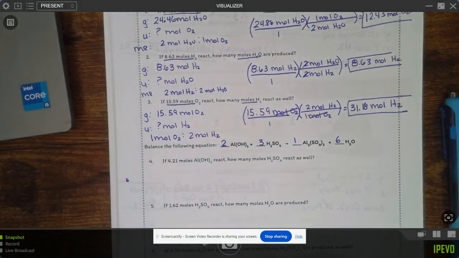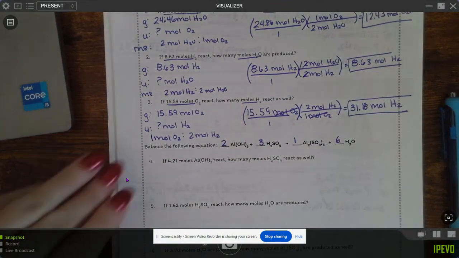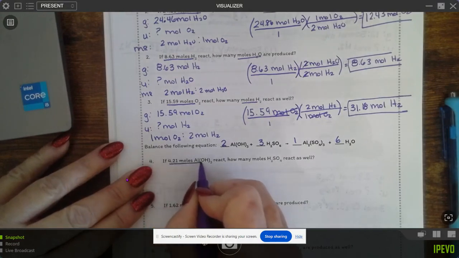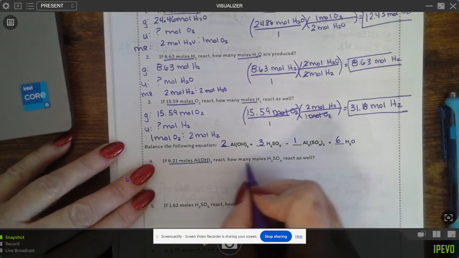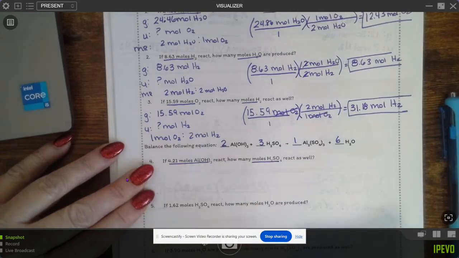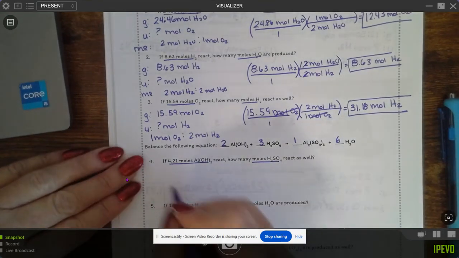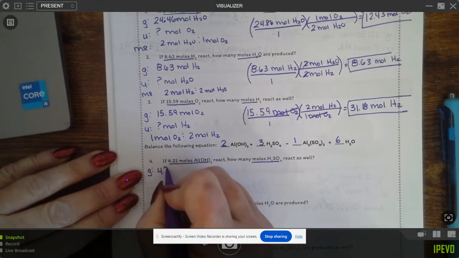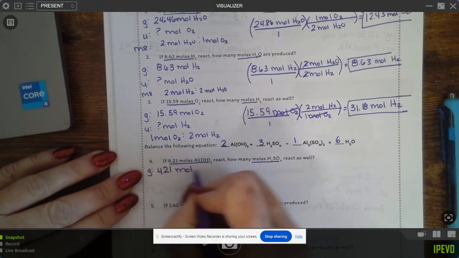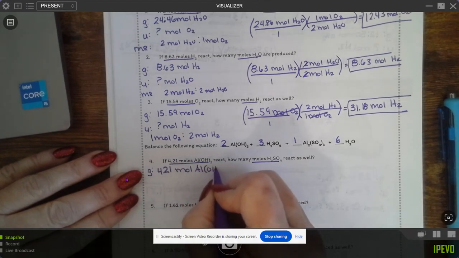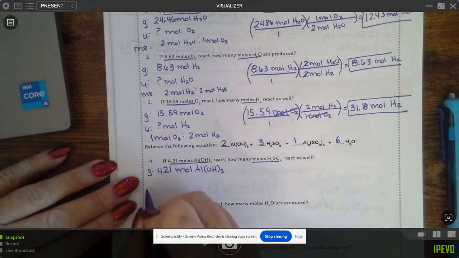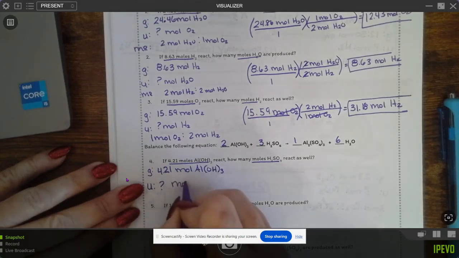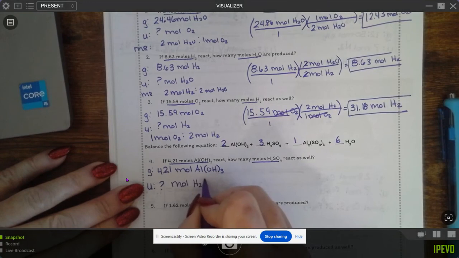Okay? All right. So let's look at that. If 4.21 moles of aluminum hydroxide react, how many moles of sulfuric acid, H2SO4, react? All right, so my given is 4.21 moles of aluminum hydroxide. And I'm looking for moles of H2SO4.